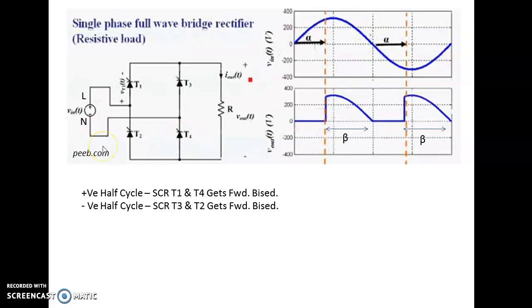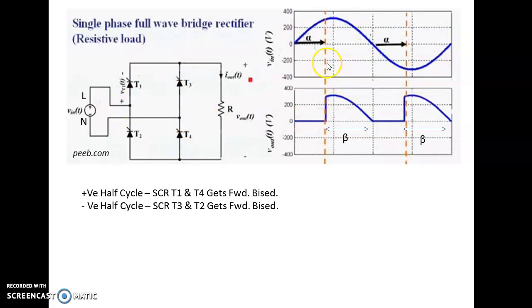Now the SCRs are in forward bias condition but not in conducting condition. Once we trigger those SCRs, they conduct. Once they conduct, they act as a closed switch and maximum current now flows through these two SCRs.